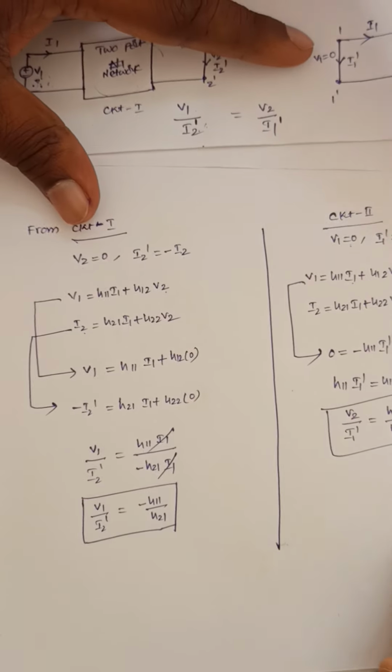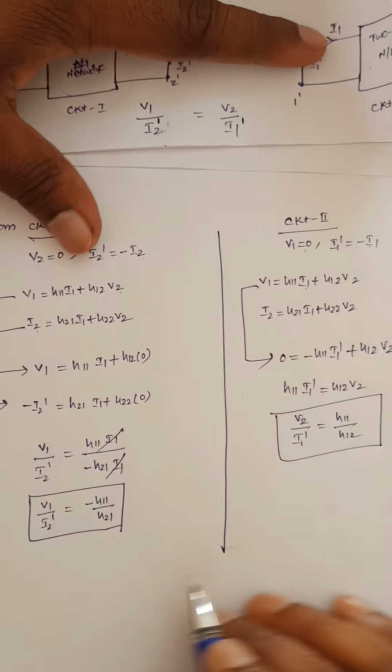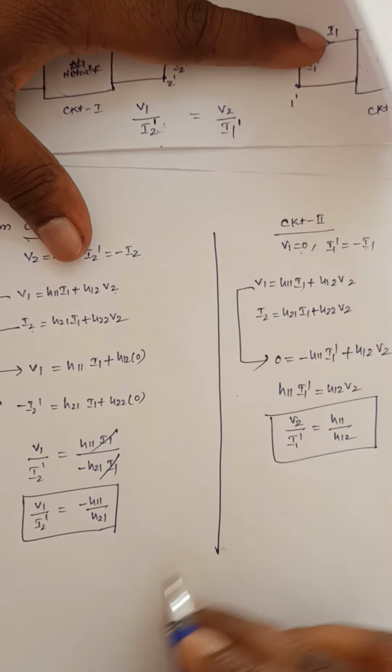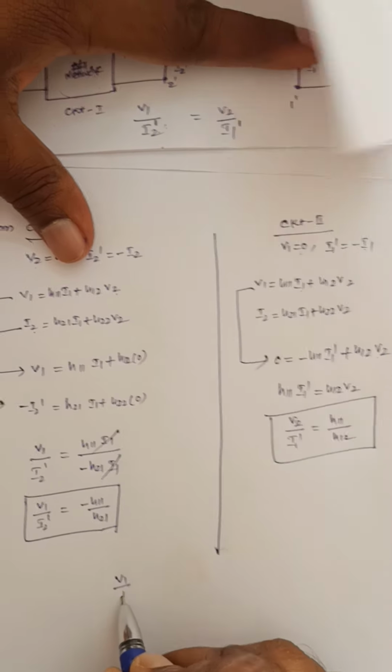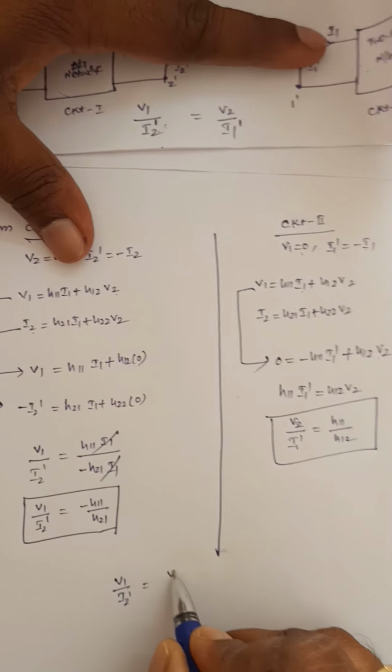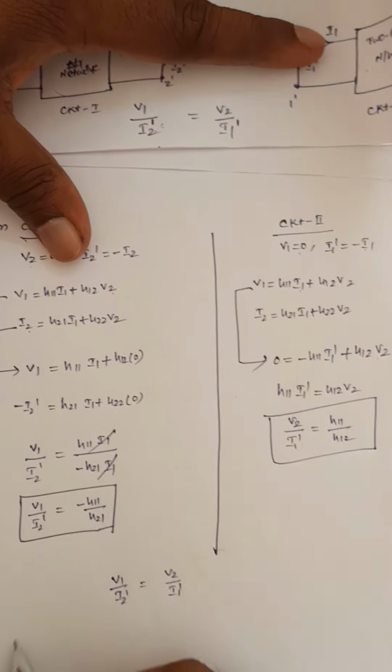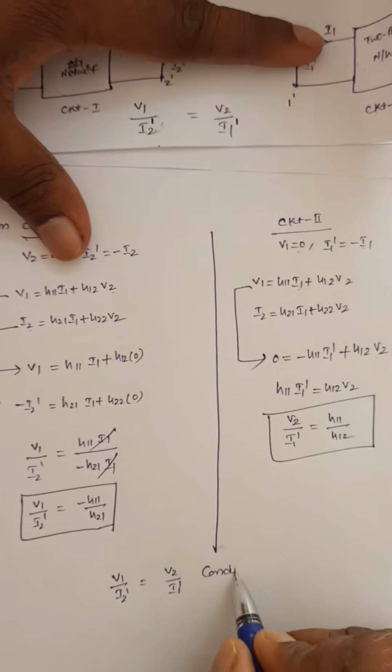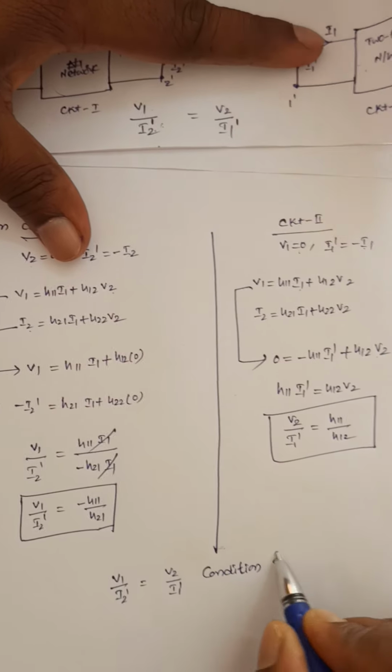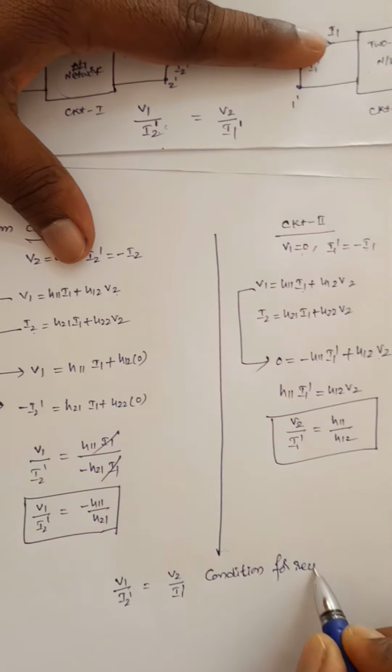The network is said to be reciprocal if and only if these ratios are equal. That is V1 by I2 dash is equal to V2 by I1 dash. This is the condition for reciprocal networks.